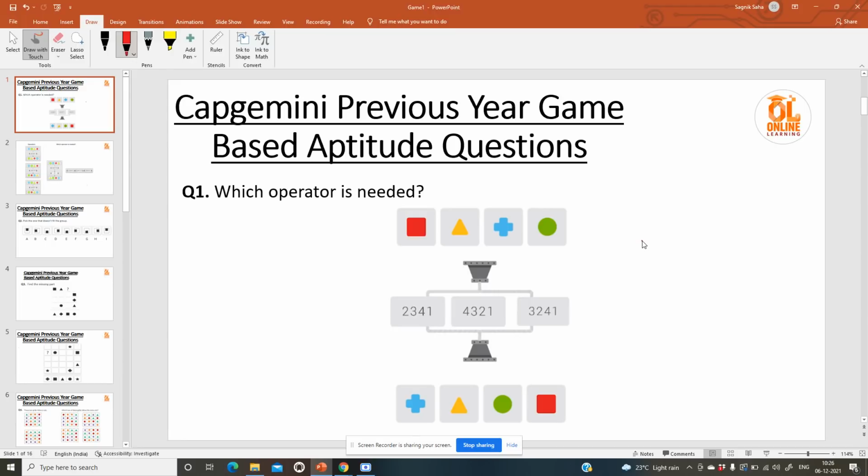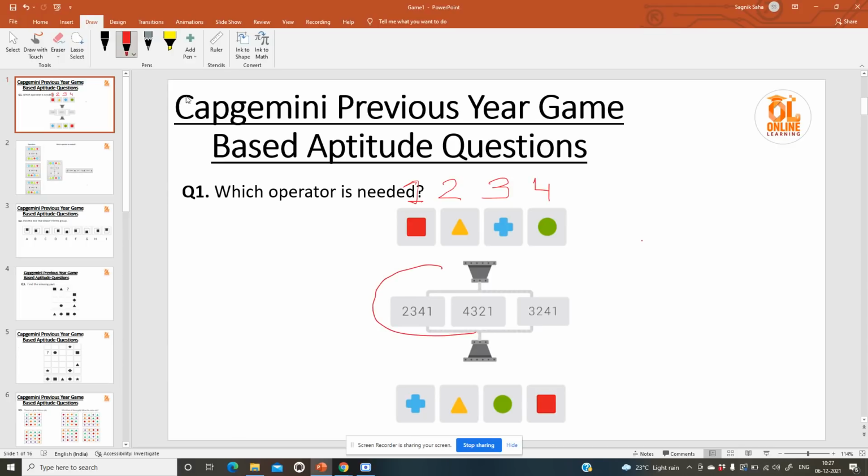So, let us start. First is the operator based question. In an operator based question, always remember you have to start by marking the shapes as 1, 2, 3, 4. Like in this question, mark this as 1, this shape as 2, this shape as 3, and this shape as 4.